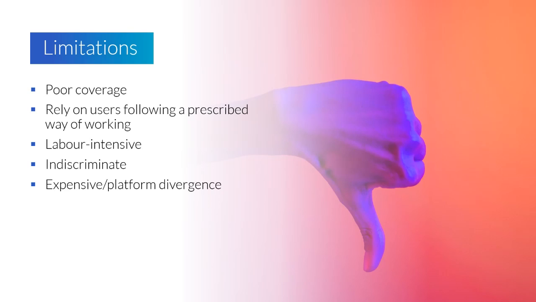A lot of these approaches are labor intensive, especially if you're using a spreadsheet to manually go through and clean up your files. Global hold policies are obviously very indiscriminate. So apart from the fact that you can't treat every single piece of data in your organization in the same way, they also make your Microsoft 365 environment hard to maintain. Finally, adding any kind of third-party solutions is going to add expense and platform divergence.